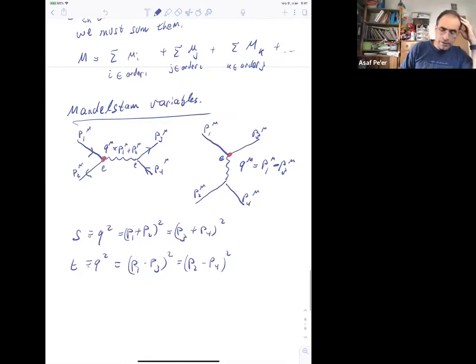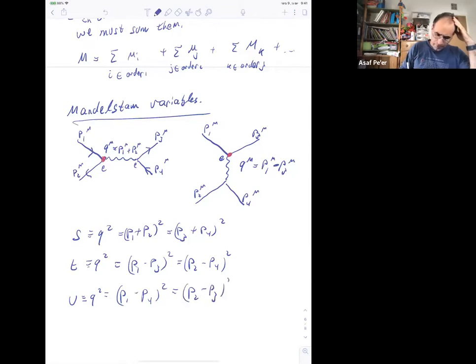And we also have the U diagram, which is just a T-channel diagram exchanging P3 and P4, which is valid if we have two outgoing identical particles. So this is just the Q squared, (P1 minus P4) squared, which is just (P2 minus P3) squared.